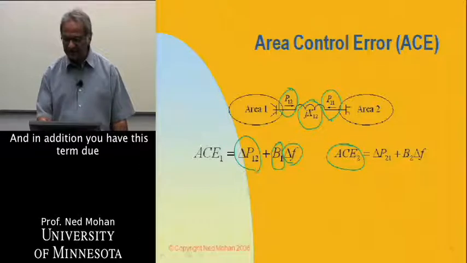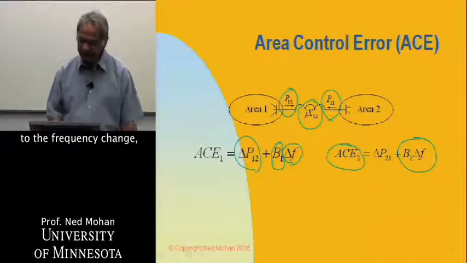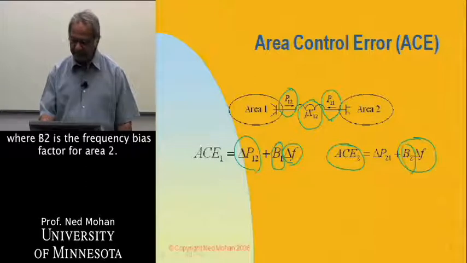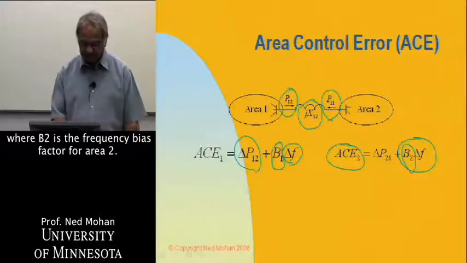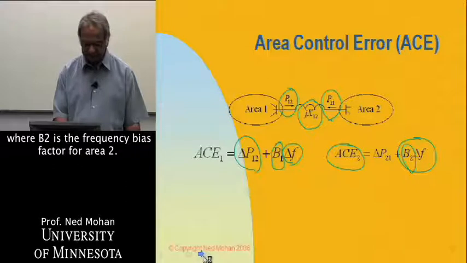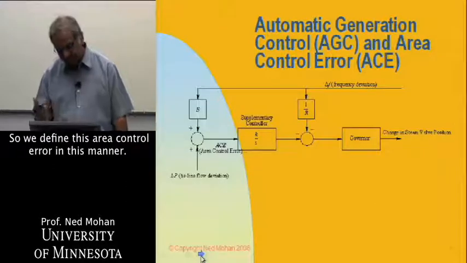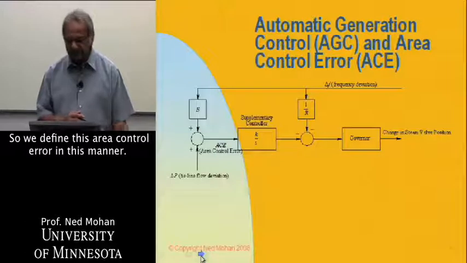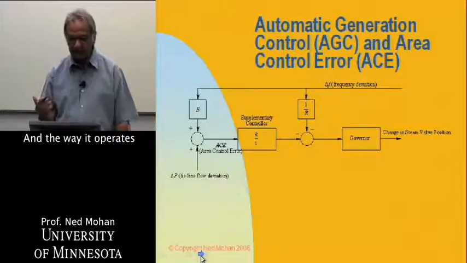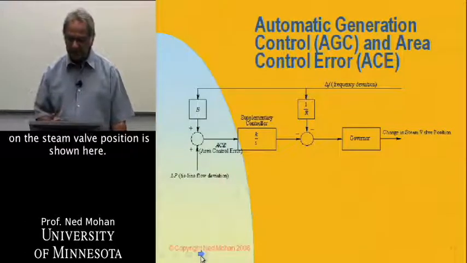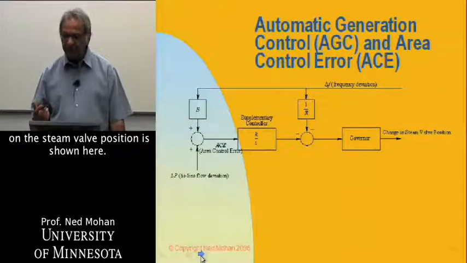In addition, you have this term due to the frequency change, where B2 is the frequency bias factor for area 2. This is how it operates on the steam valve position.